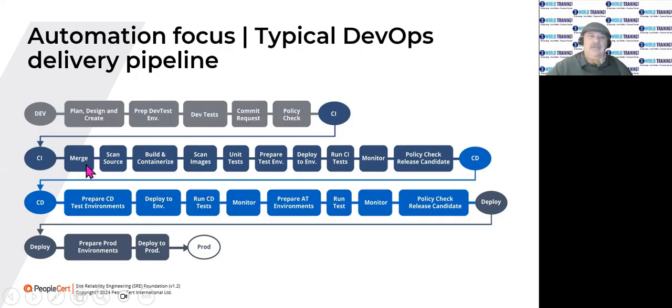So CI starts after the policies are checked, with a merge to merge the code changes together with the trunk branch of the code. The next step is often a scan to see whether you've got code quality problems or vulnerability issues from a security point of view by looking at the static code itself. Then you build and containerize the results of the build.